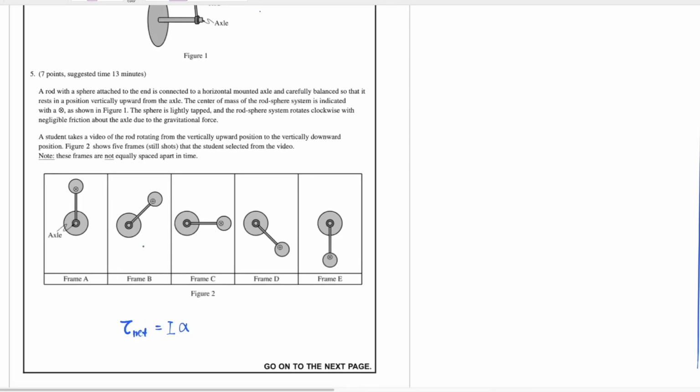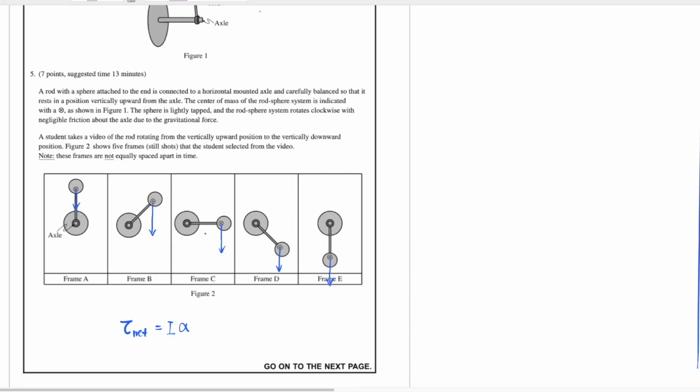There is only gravitational force acting on the system and creating torque, right? So gravitational force is acting on the center of mass. For this one, it's directly down. The gravitational force would be equal for all these 5 frames, but the lever arms are different, right?